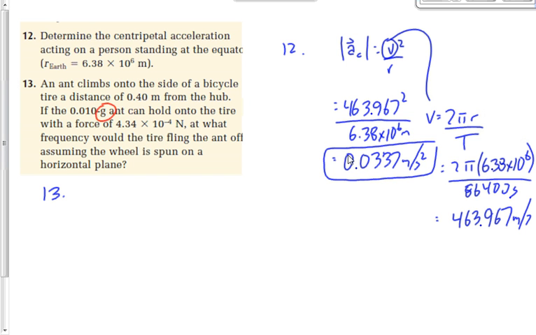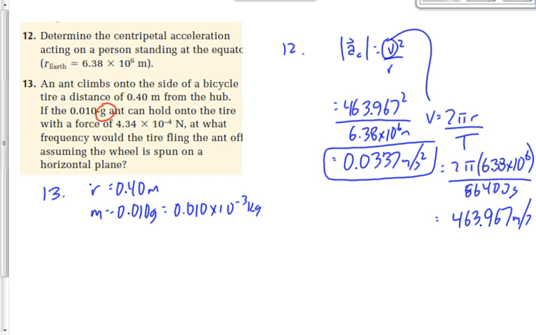Okay, let's write down some givens here because there is quite a bit. We got something's 0.40. What does that correspond to? Yep, that's the radius. We got a mass here of 0.010 grams, or we could say 0.010 times 10 to the minus 3 kilograms, or you could just move the decimal place over 3 places. Even I get mixed up with that, so I just tack on a 10 to the minus 3 there.